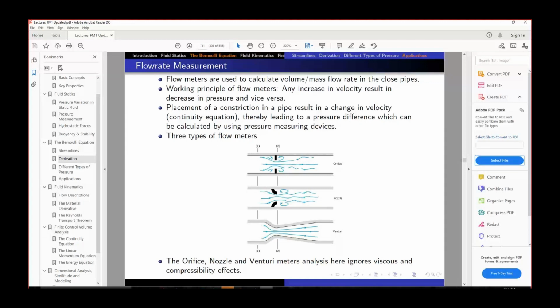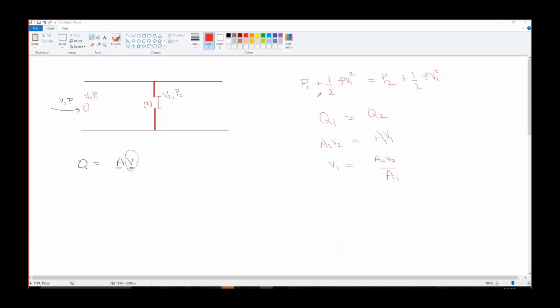So how they work, basically, how the flow rate is measured. We measure P1 and P2 using a gauge installed here.